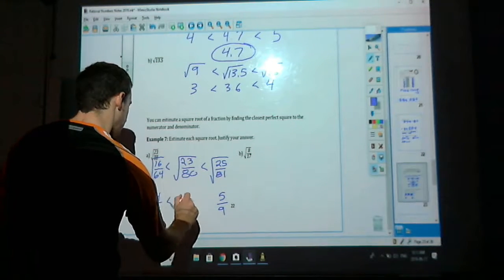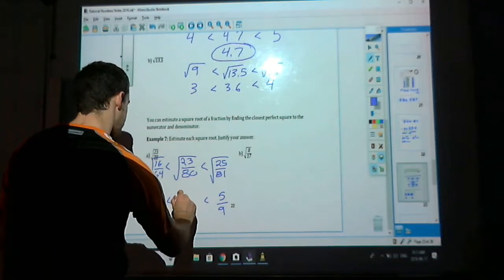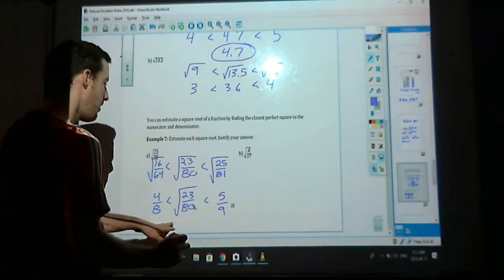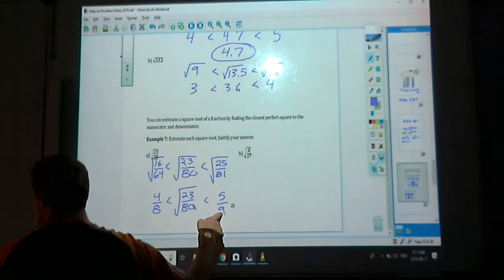Okay, and then we're just going to change it up a little bit because we're actually going to keep this in between for now. And then what we want to do is find a common denominator between 8 and 9, okay?